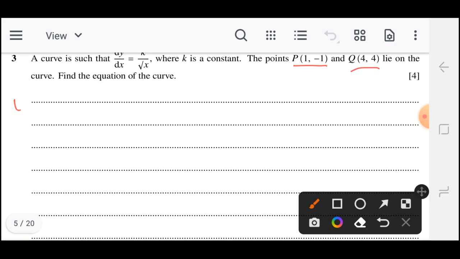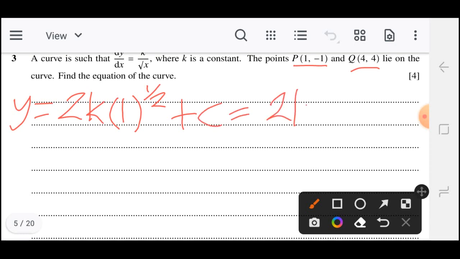Right, we have y is equal to 2k, then the coordinate of x is 1 for p, so it's 1 to the power half plus c. This simplifies to 2k plus c.